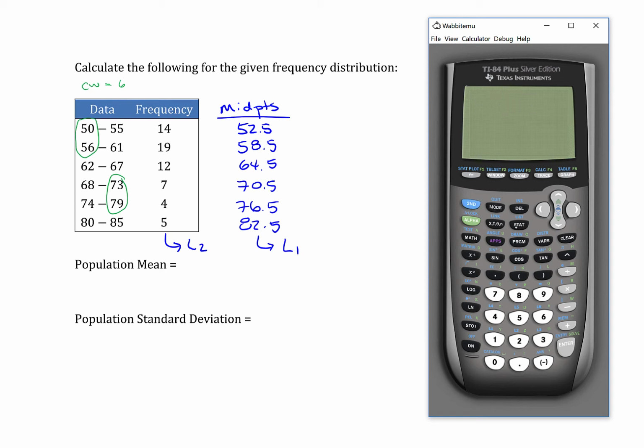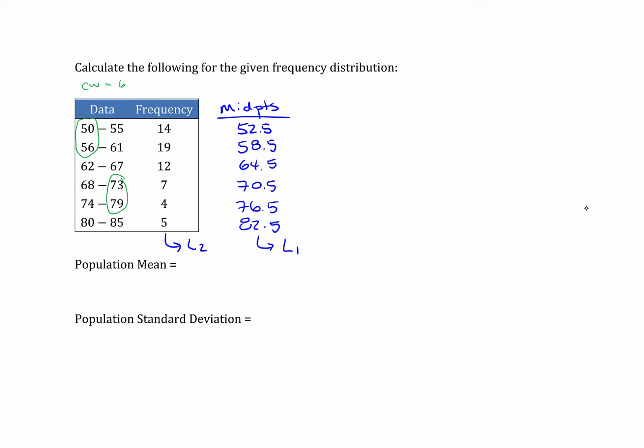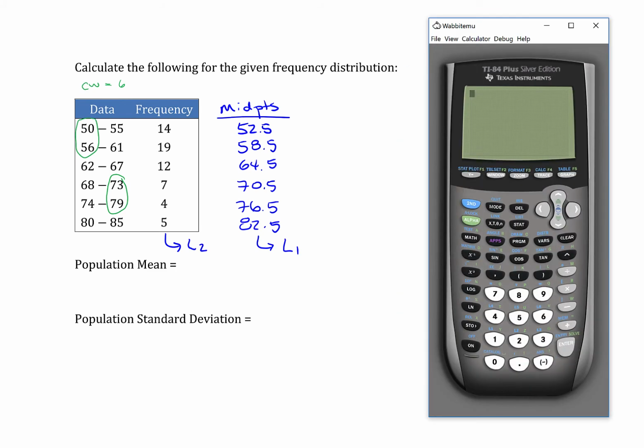I forgot to put my data in. Okay, so I'll pull up the calculator and go into the list editor. If I hit Stat and Enter, that will take me into the list editor. If you already happen to have some data in that list, go ahead and clear those out.